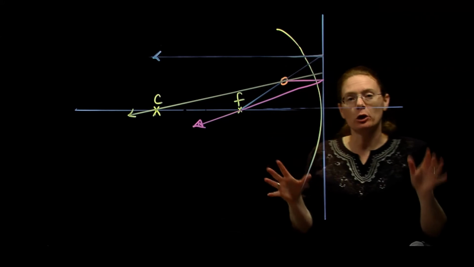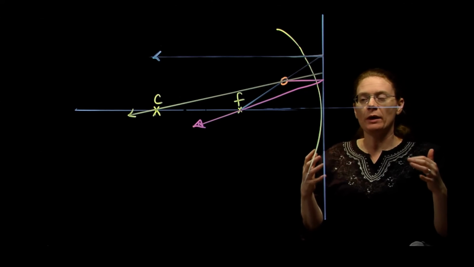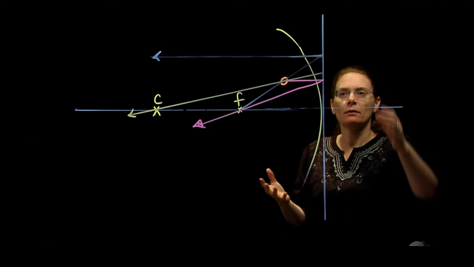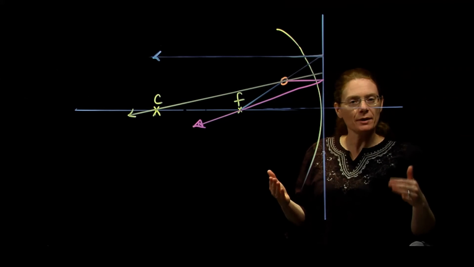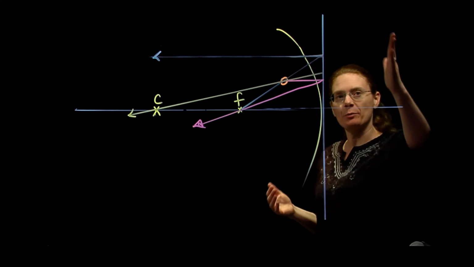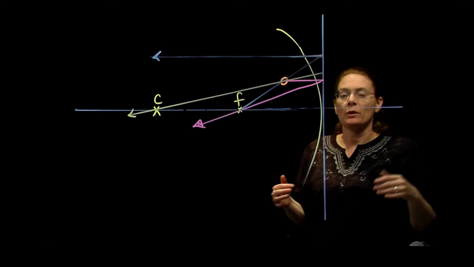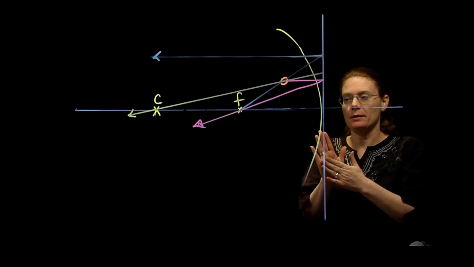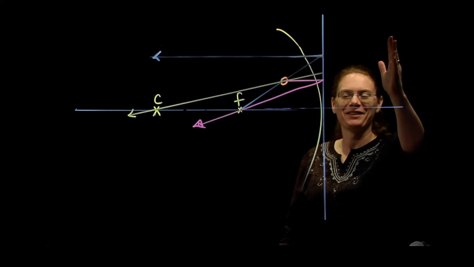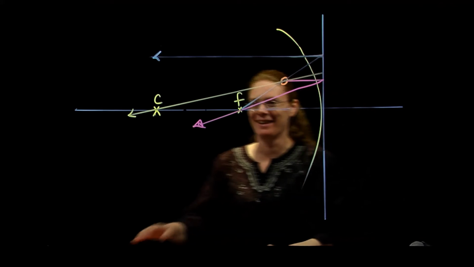This is what we call a virtual image because the light rays don't actually go through the mirror to create an image back here. It's only something that can be seen by our eyes. If I put a piece of paper here, you wouldn't be able to see anything on it. With a real image, you could put a piece of paper there and see something on it. With a virtual image, clearly, if I have a mirror and I put a piece of paper back here, I'm not going to see anything.